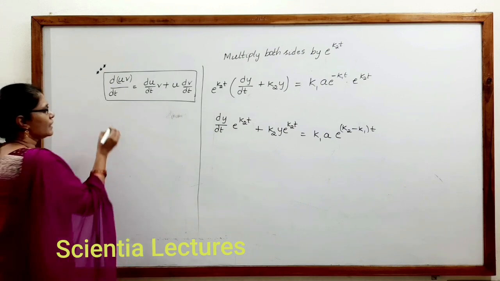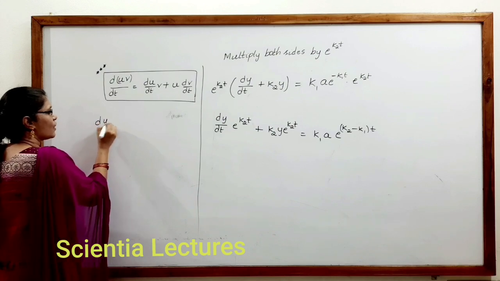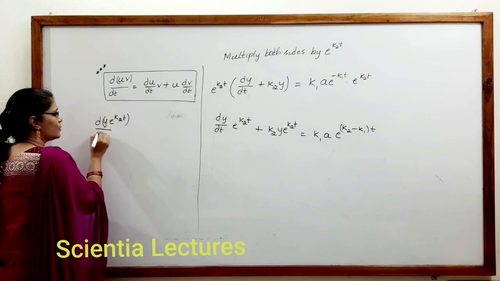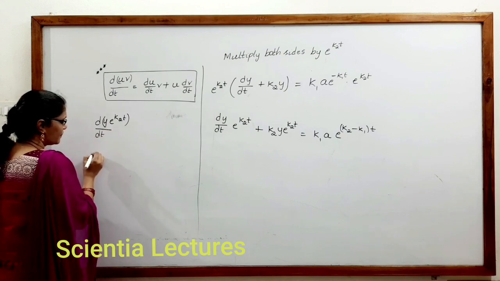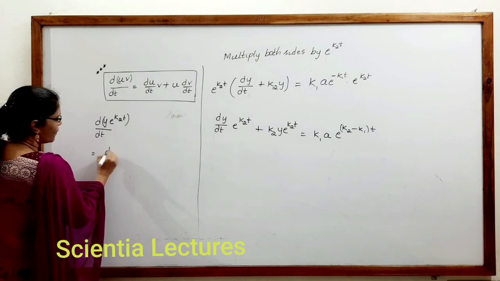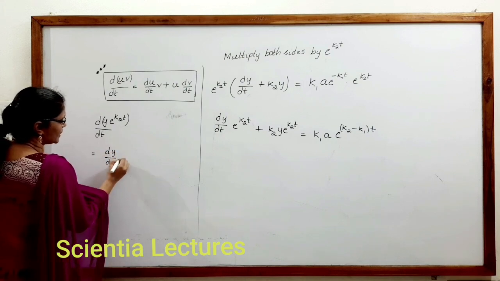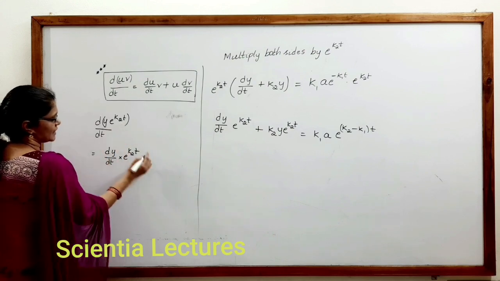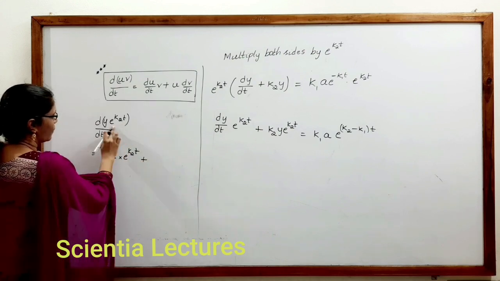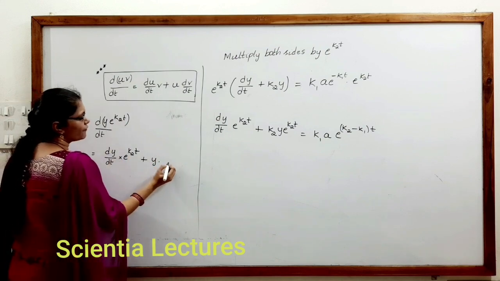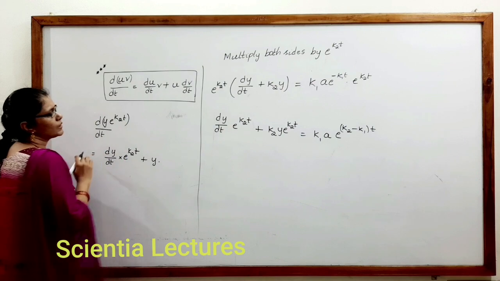Similarly here, if we check the differential of y e^(k2t) with respect to t, what will we get? This is equal to differentiation of y with respect to t into e^(k2t), plus, taking y as it is, y into the differential of e^(k2t).